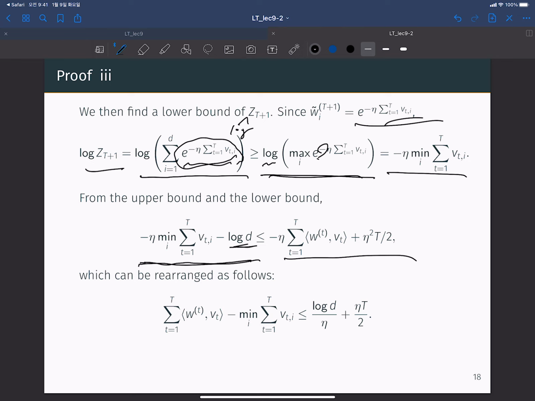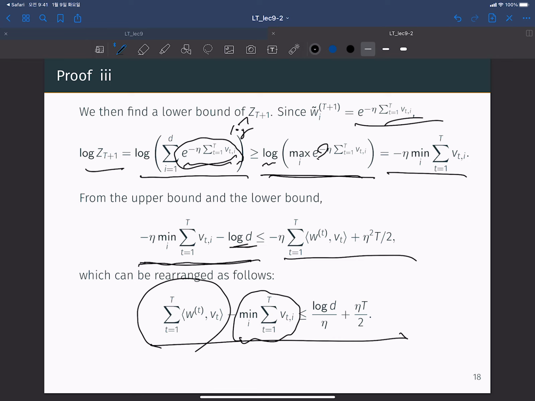Okay, so this can be rearranged as follows. And this is the cumulative expected cost by algorithm A. And this is the best possible cost, the best minimum cost by one single hypothesis, by one single expert.